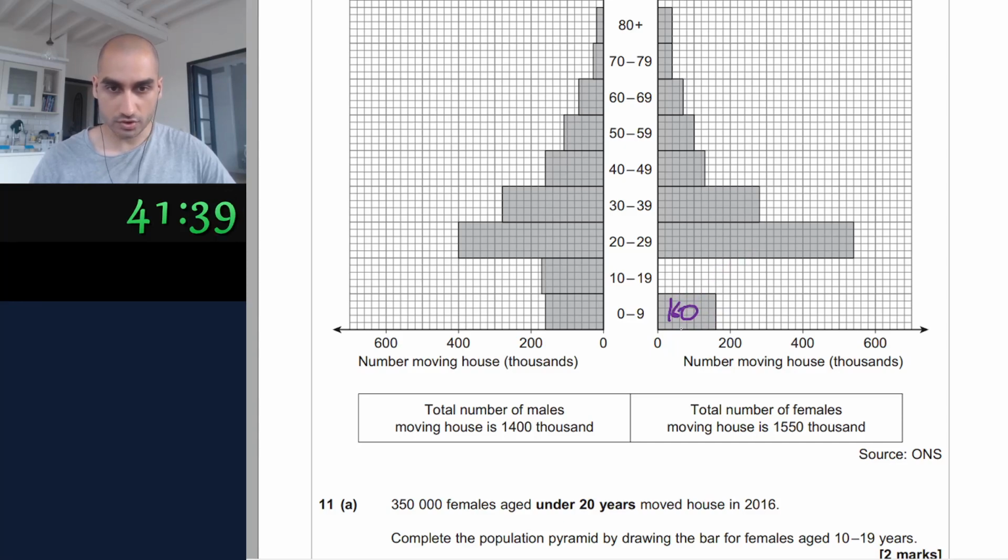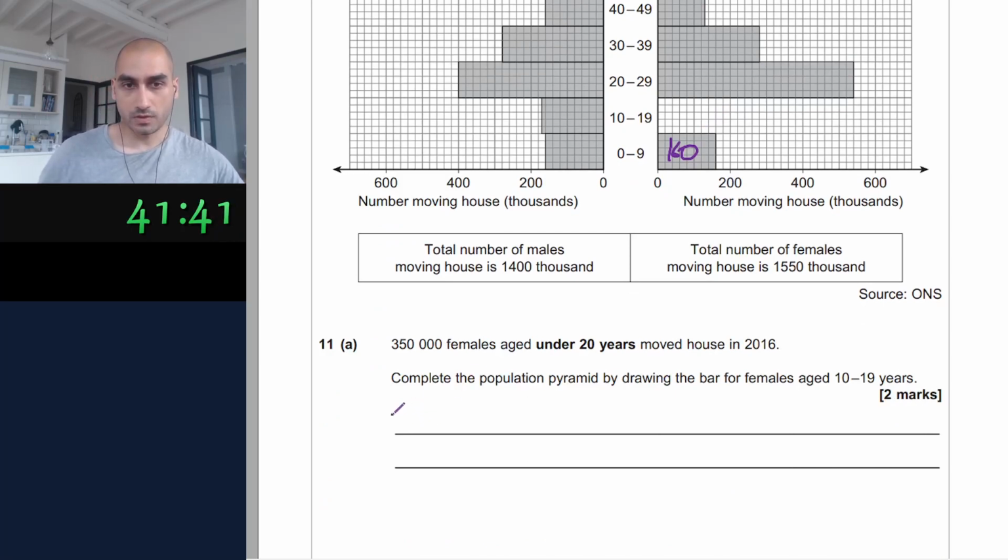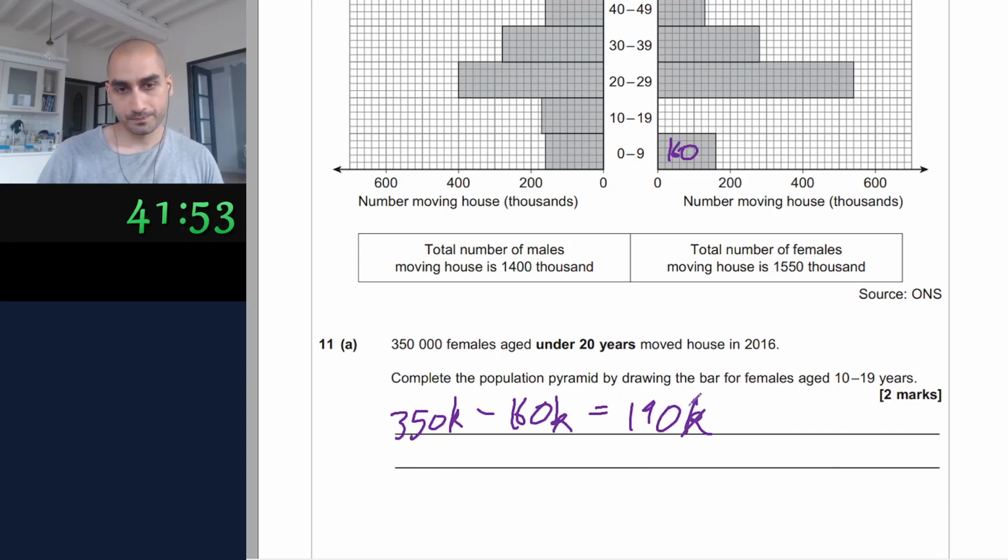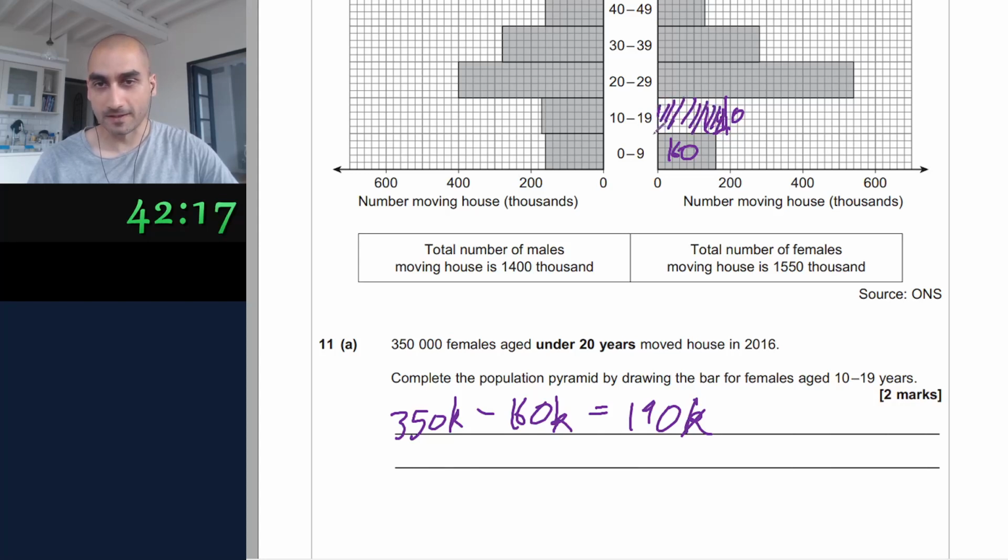So this remaining one should be 350k minus 160k. Okay, 190k. Okay, that's a mess.